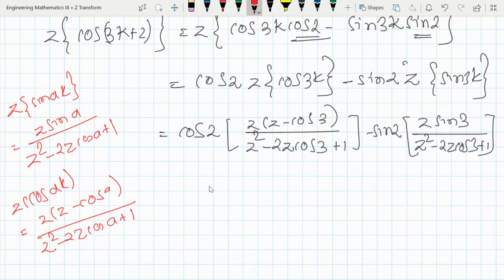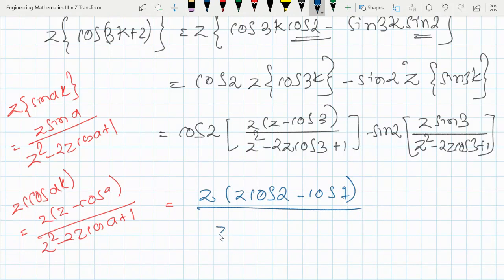I have used those results, and after simplifying, what I get is z into z cos of 2 minus cos of 1 divided by z square minus 2z cos of 3 plus 1, and this is my capital F of z.